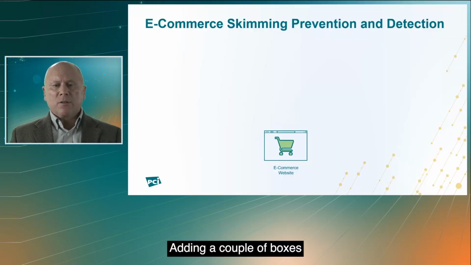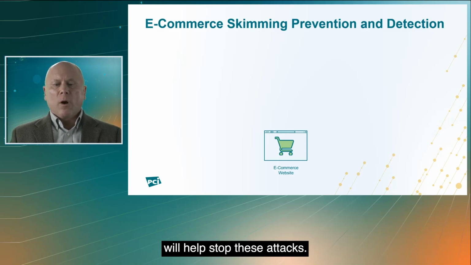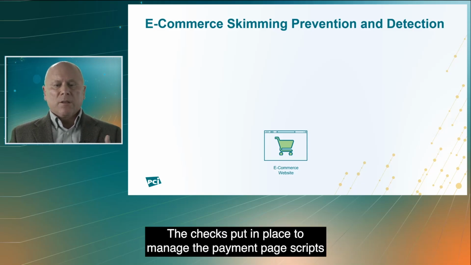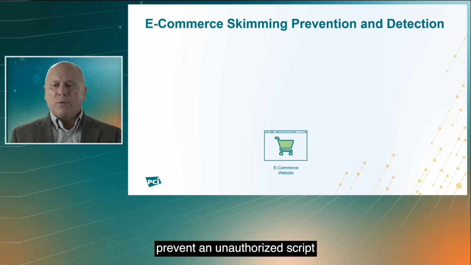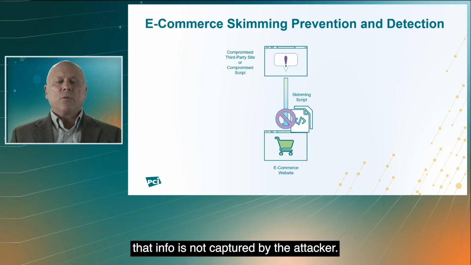Adding a couple boxes to the diagram that we showed earlier of the skimming attack, we can see where the new PCI requirements will help stop these attacks. The checks put in place to manage the payment page scripts prevent an unauthorized script from being injected into the payment page in the first place. So when the cardholder enters their payment account information, that info is not captured by the attacker.